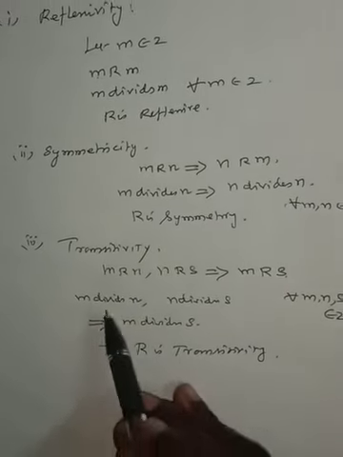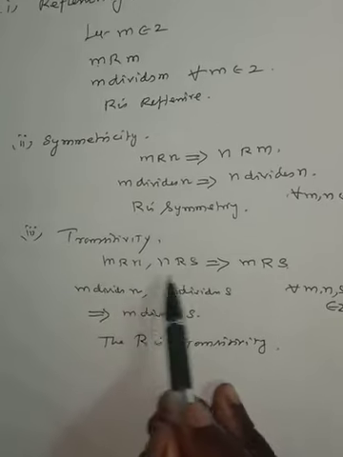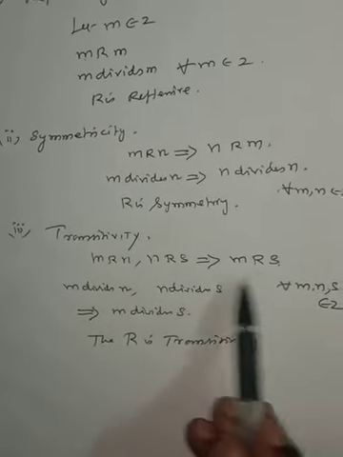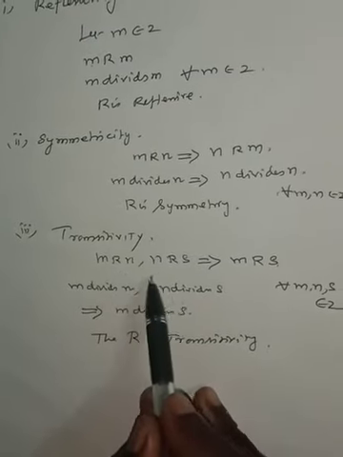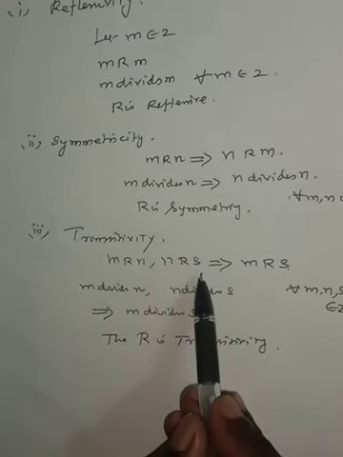For example, we have m, n, s as three integers. M divides n, we get one integer. N divides s, we get another integer.